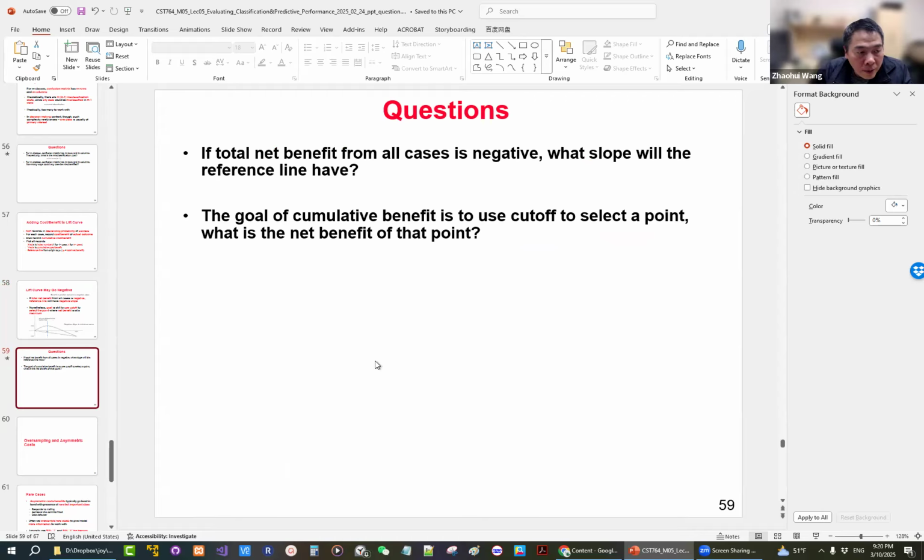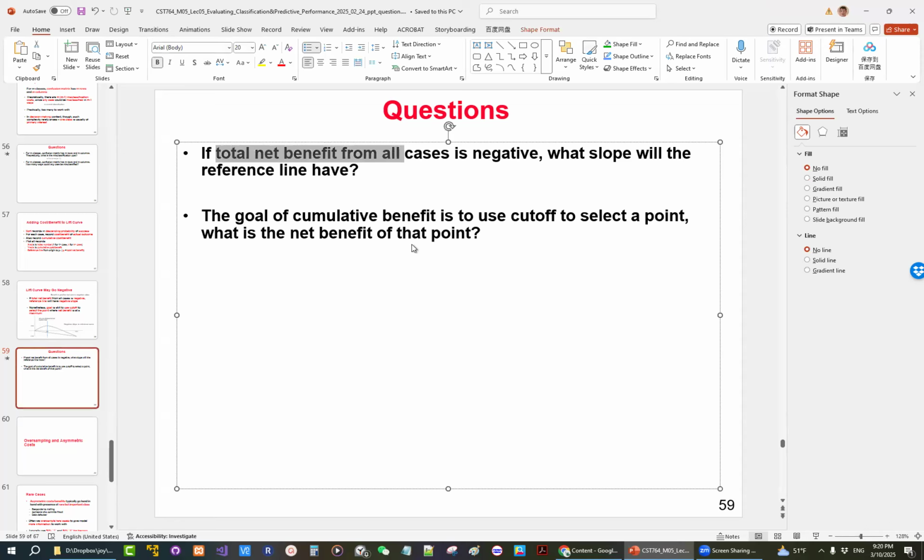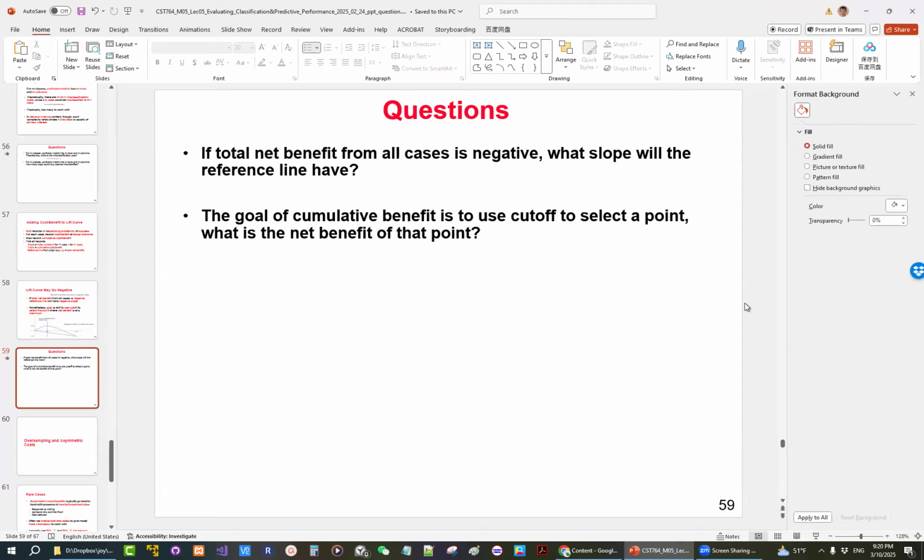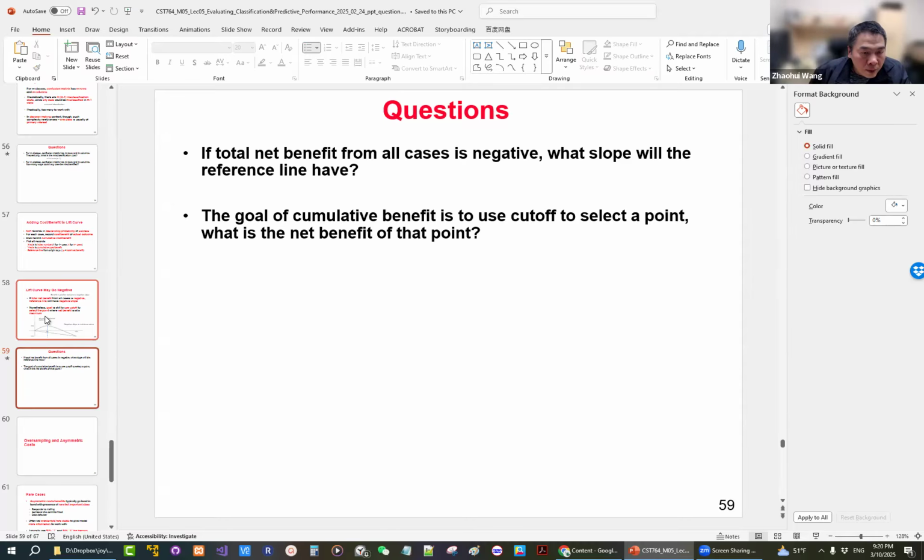If the total net benefit from all cases is negative, what slope will the reference line have? You can think about this. Wouldn't it go down, trending downward?